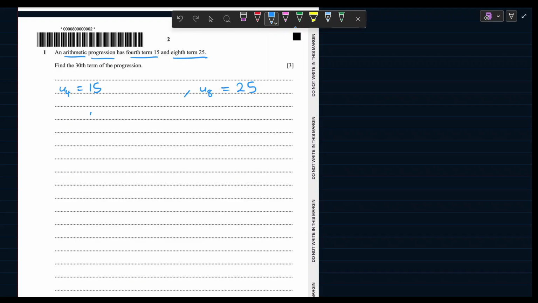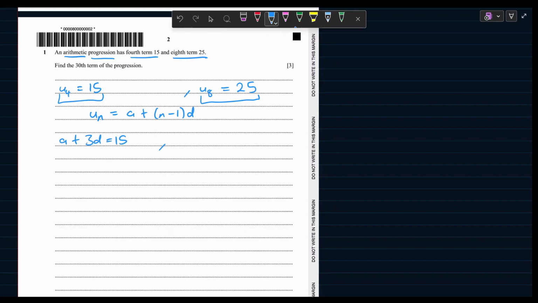So our formula for the nth term is un is equal to a plus n minus 1 d, and you can find this formula in your MF19. Using this formula, we can create two equations. U4 would become a plus 4 minus 1 d, so a plus 3d, and this is equal to 15.